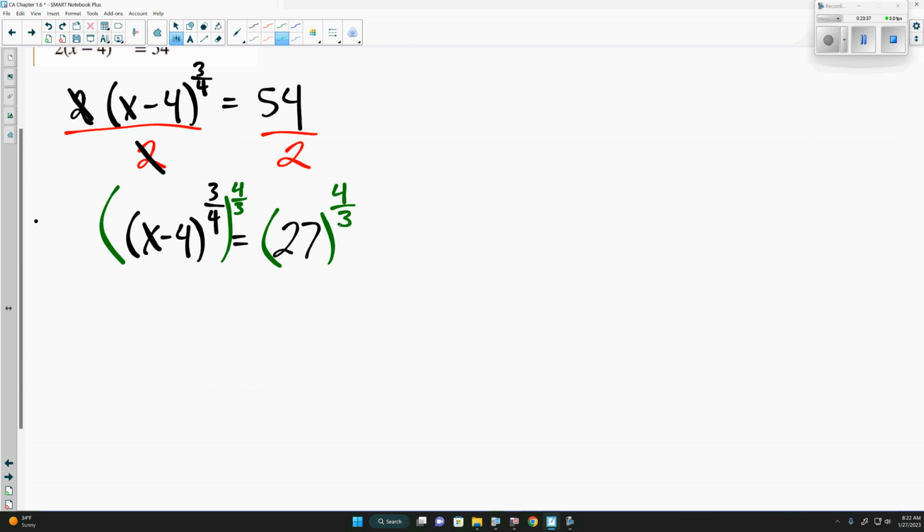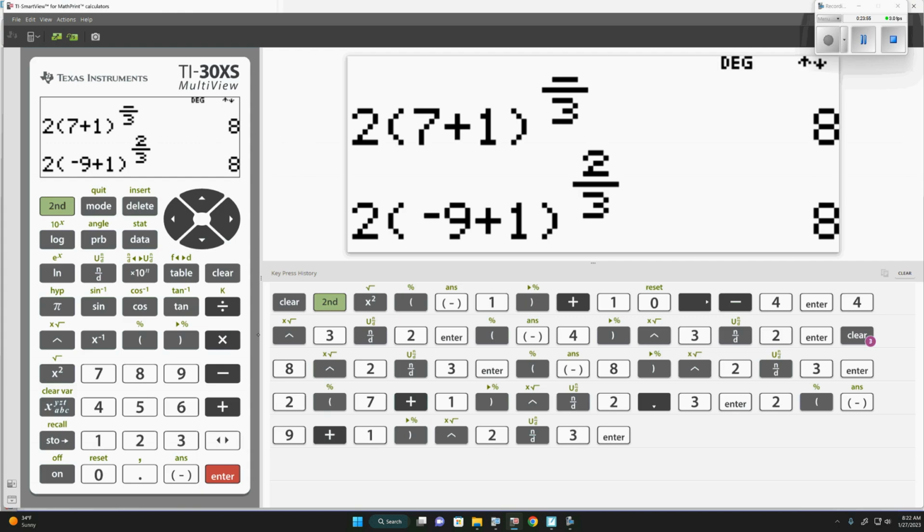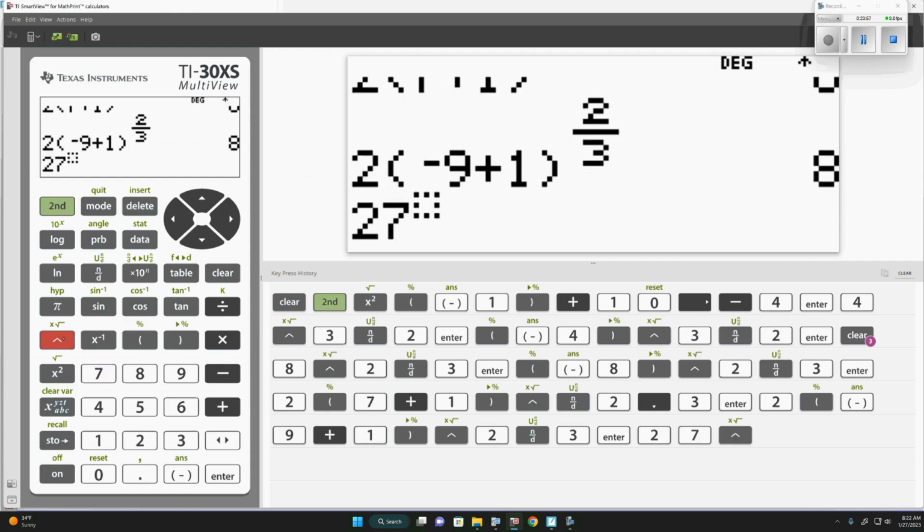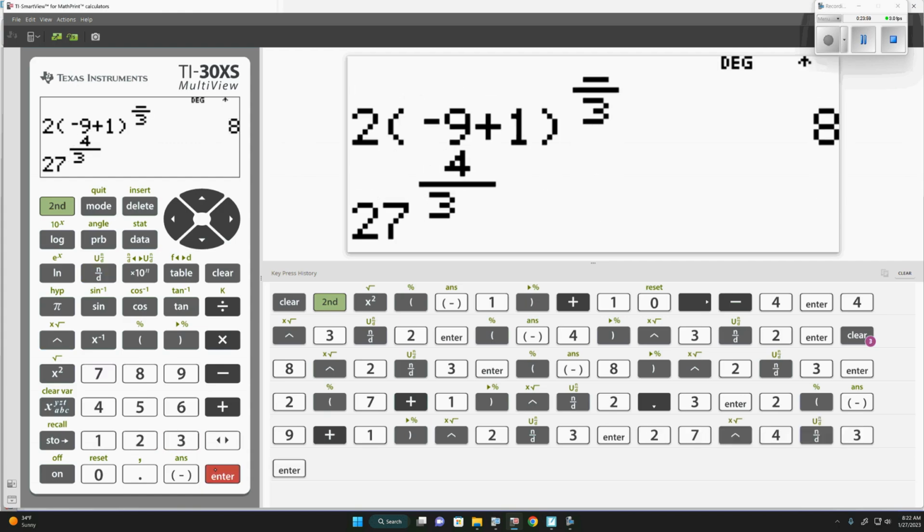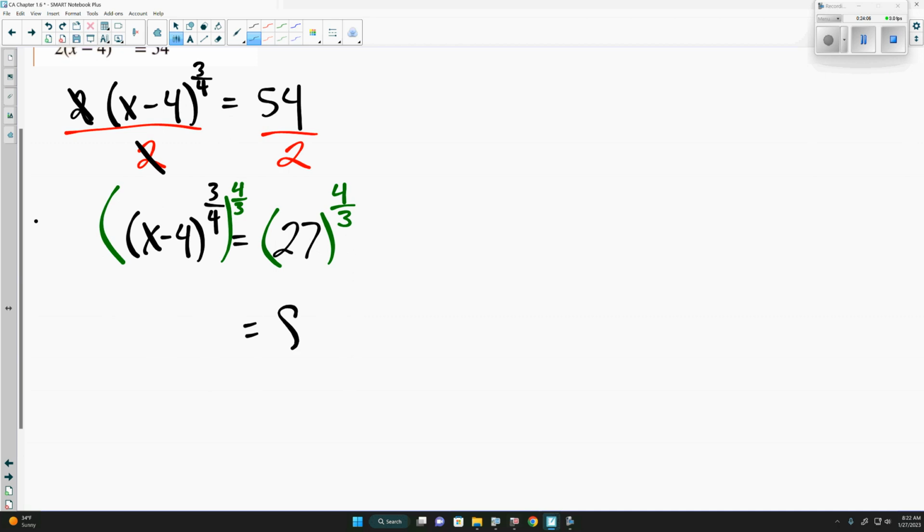Is the denominator for this one odd or even? Odd. It's an odd number, which means our 27 is not going to need the plus or minus. Because we can plug it into the calculator, say 27 to the 4/3, which tells us that it is 81. So it simplifies to 81. And that's what we get.